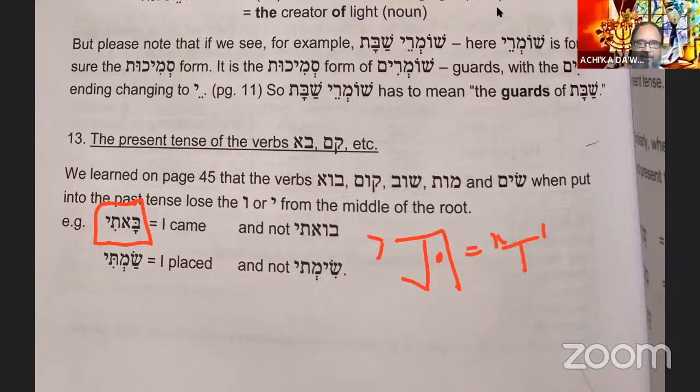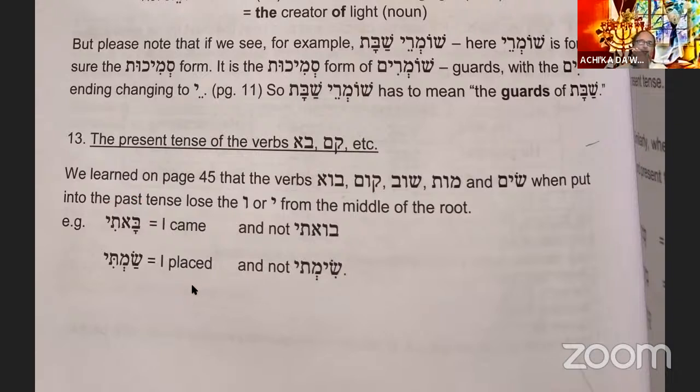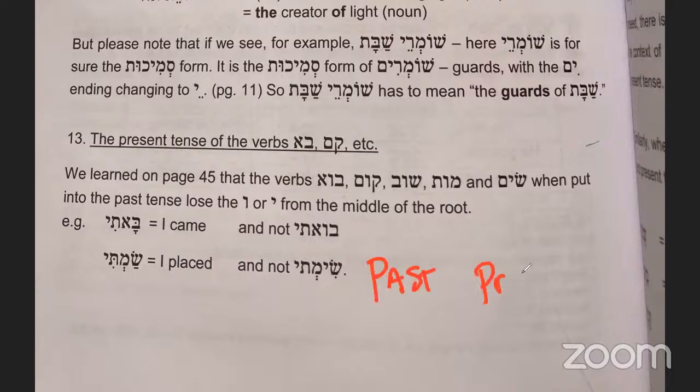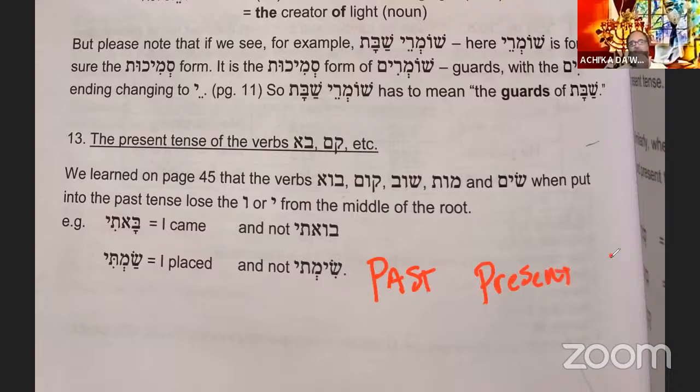Is that past, present, or future? Past. Okay. If it's past, it's going to be on the end of a word or the end of the root. If it's in the present, it'll be in the middle of the root. If it's in the future, it'll be at the front of the root.